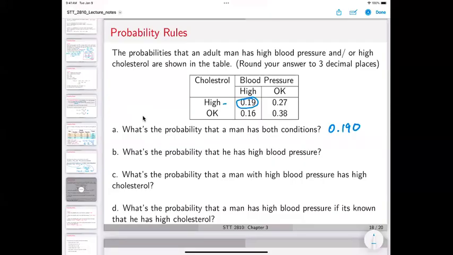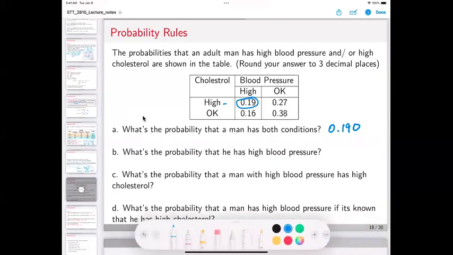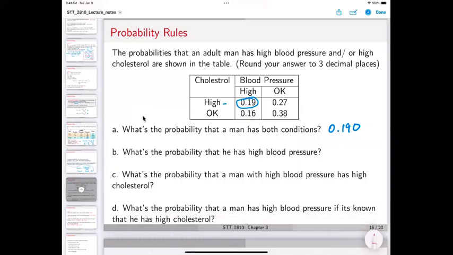Next question. What is the probability that he has high blood pressure? This is high blood pressure, isn't it? So you add both of them together. To get high blood pressure, look at where I circled.